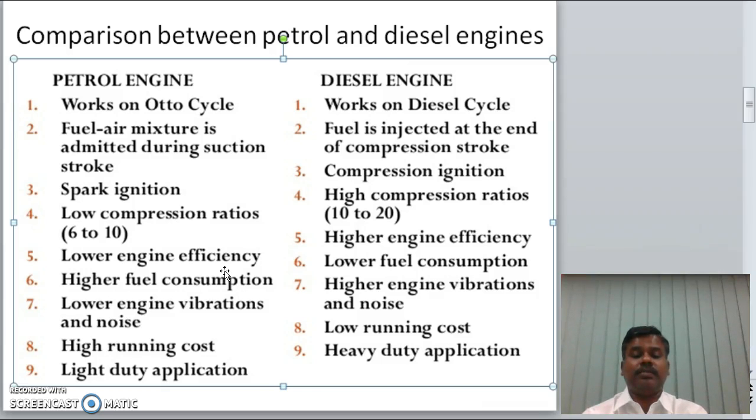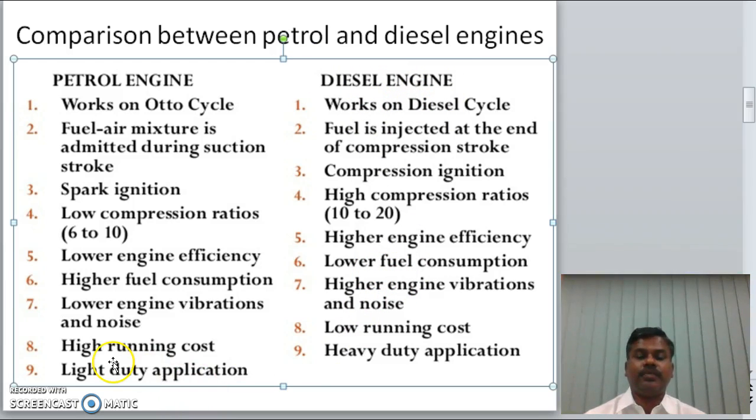Based on that, the engine efficiency is calculated. And a petrol engine consumes more fuel compared with a diesel engine because the air fuel mixture is supplied in the suction stroke. In the case of diesel, you supply only air and a metered quantity of fuel is injected.